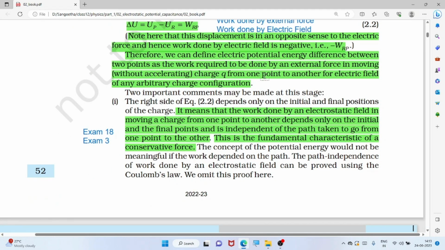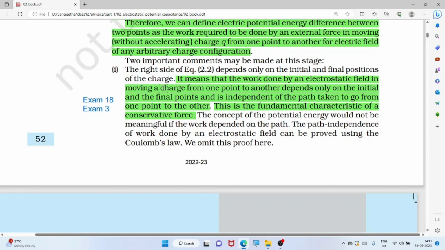Therefore, we define the electric potential difference between two points as the work required to be done by an external force in moving a unit positive charge Q from one point to another in the electric field of any arbitrary charge configuration. So when we move the charge, that is path independent work done.